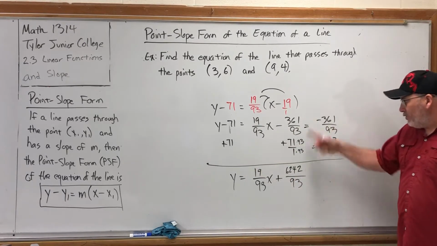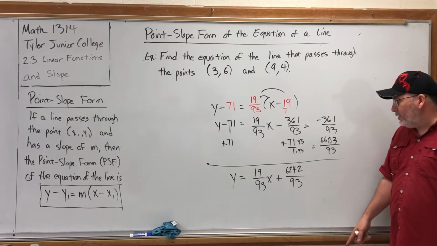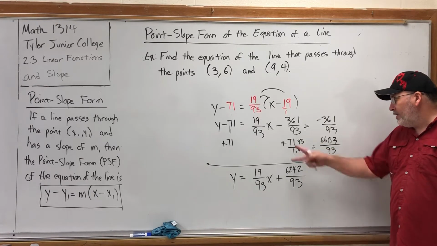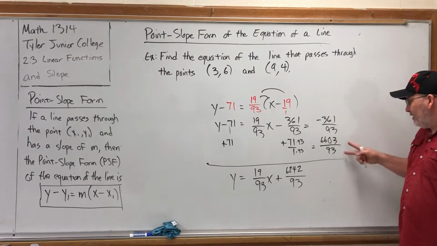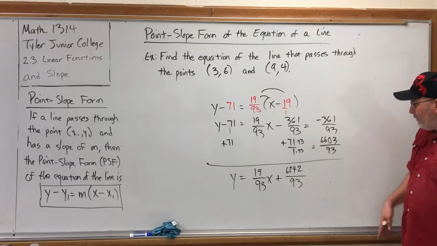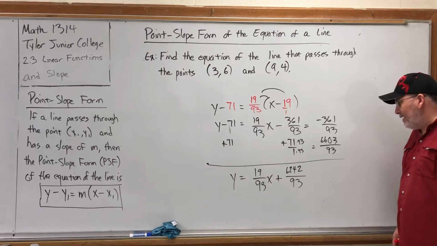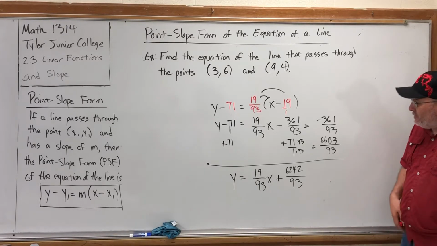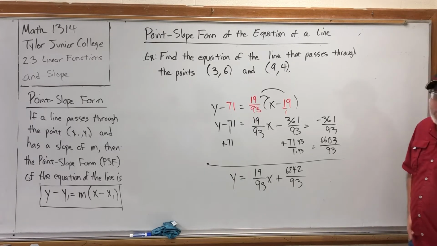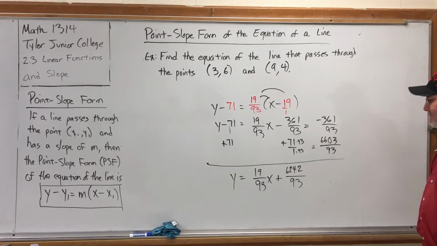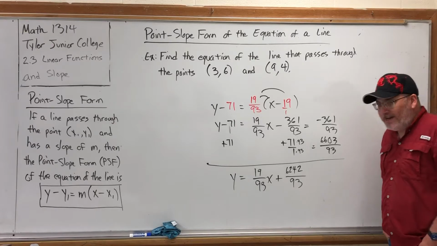But in order to do that, we have to get a common denominator, put the 71 over 1, multiply both sides by 93 to get this, and then add the two fractions. Unless I made a mistake, the previous equation solved for y is y equals 19/93 x plus 2,642/93.